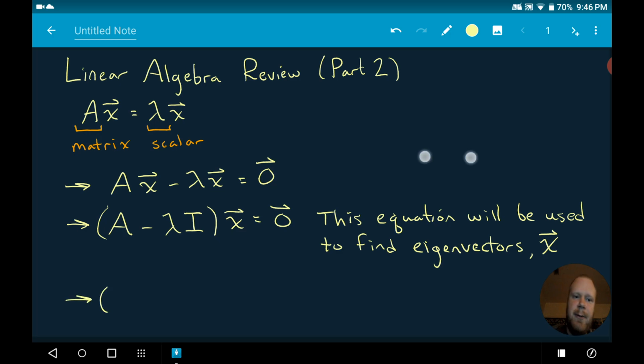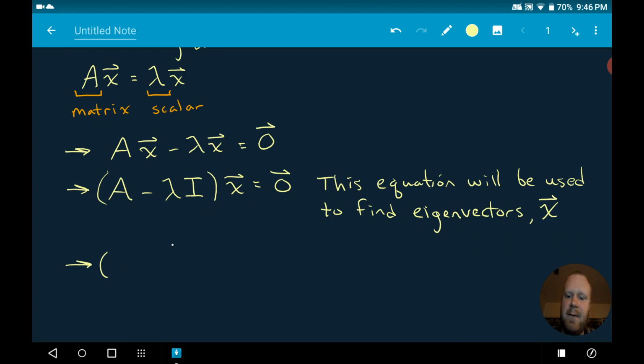Also, according to Cramer's rule, something else that comes out of this equation is that the determinant of A minus lambda I has to be 0. So we're assuming that this eigenvector can't be the 0 vector. So basically when we multiply this, this thing's determinant should be equal to 0 in order to get that 0 vector.